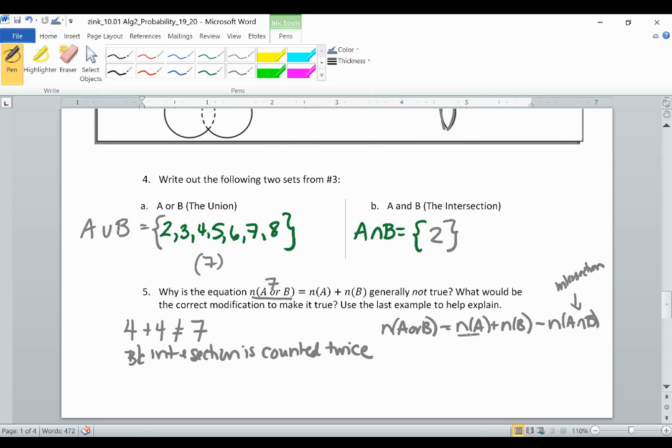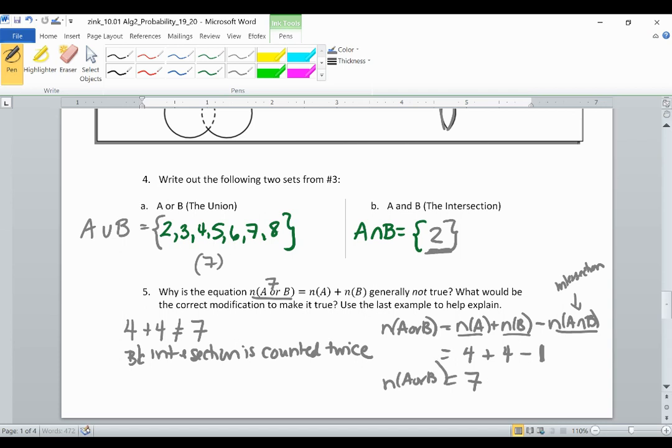So if you count them in A, we counted the 2 in A, then we counted the 2 again in B, we want to subtract how many were in there. So there's 4 in A, there's 4 elements in B, there's 1 element in that intersection. There's only 1 number in this intersection right here, and 4 plus 4 is 8, minus 1 is 7, and that is the correct number.